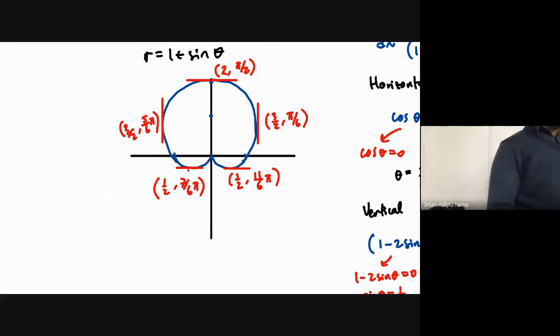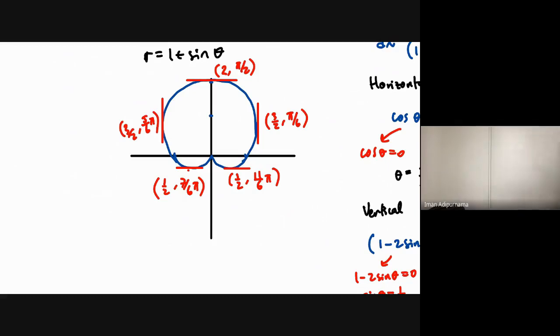Okay, that's all the coordinates. And the last coordinate is actually 3 over 2 pi, which is here, right? If you see from here, where is the r? Maybe at this point.